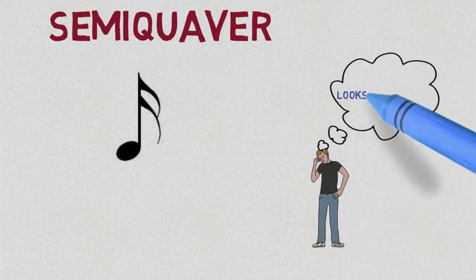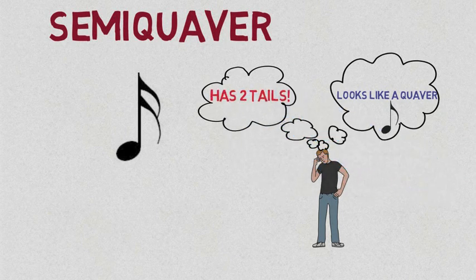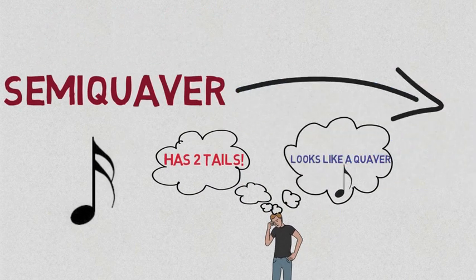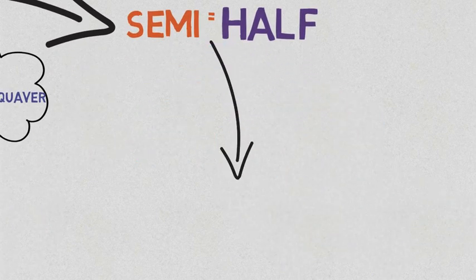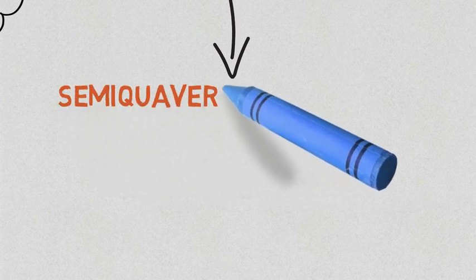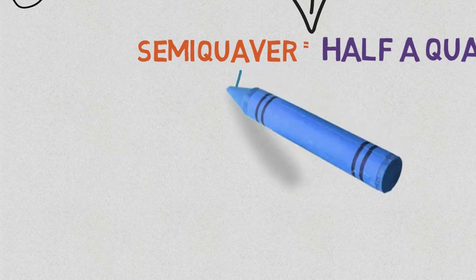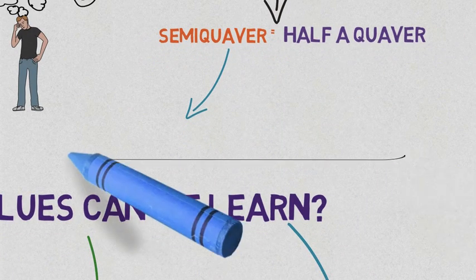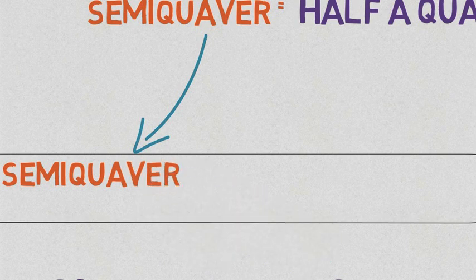And you might be thinking to yourself that this looks like a quaver, except it has 2 tails, and that's correct. But how long does it last? Well, semi means a half. Therefore, a semiquaver is half of a quaver. Now, if a quaver is worth half of a beat, then a semiquaver is worth a quarter of a beat.